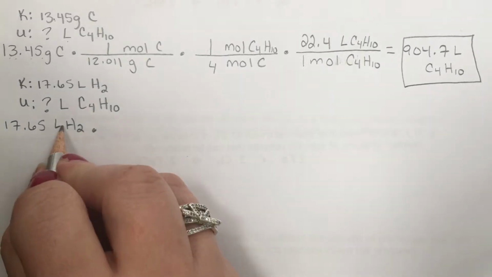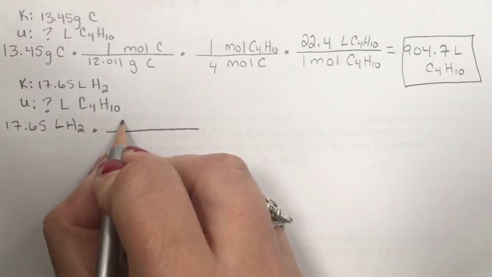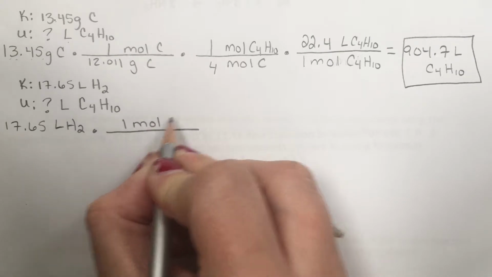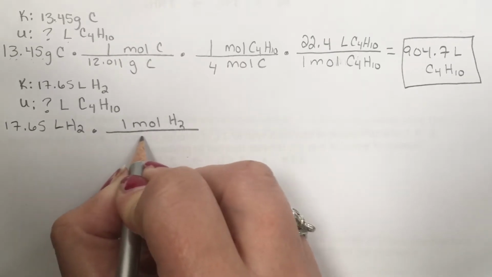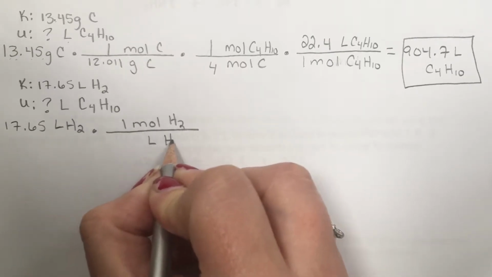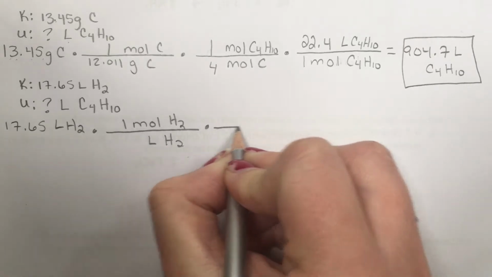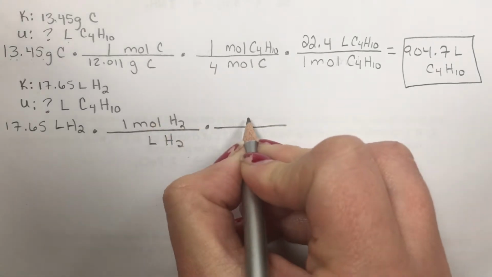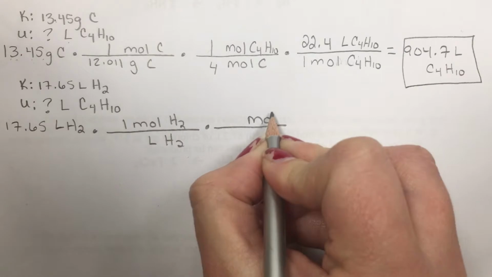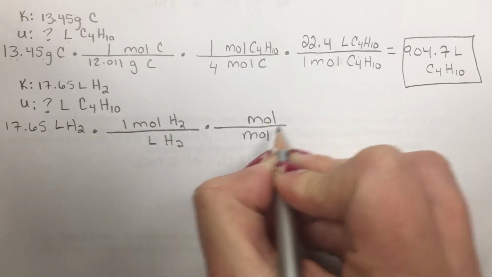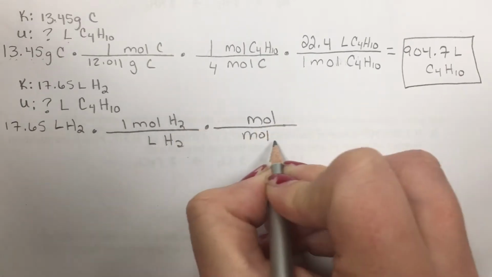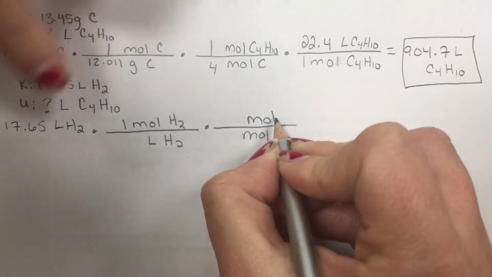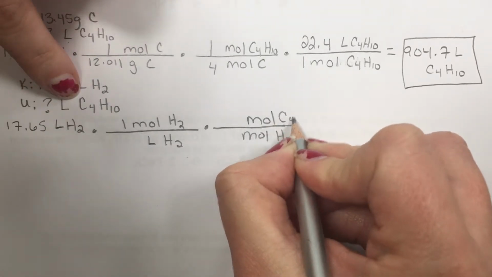So we have liters, so we must convert to moles first. Okay, and we need to get out of liters. We need to convert from liters to moles so we can do our mole to mole ratio. So moles of hydrogen will go here, and then moles of butane will go here.